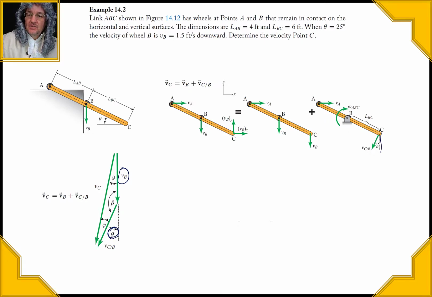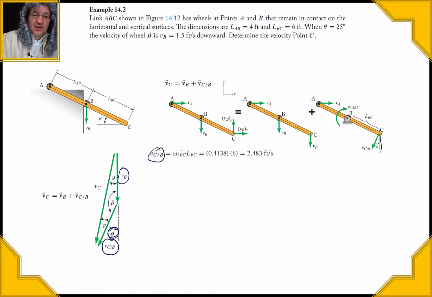By drawing that out, we could find this magnitude, because we know omega and we know LBC. And I wrote out beta, which is just going to be 180 degrees minus that 25. So we know what that is.